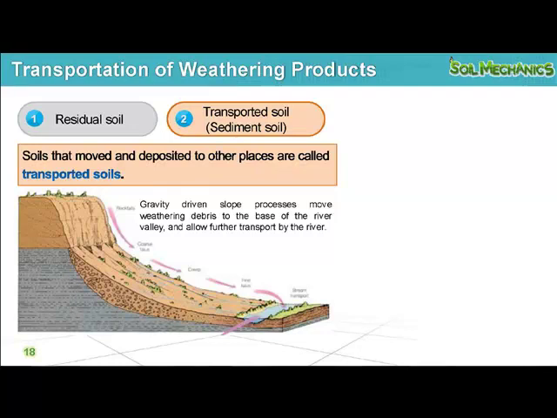For example, in the photo, the weathering product at the top of the hill, at higher topography, can move downstream by water, gravity, or wind, and accumulate or deposit at another place like along a river, stream, lake, or sea. Those are called transported soil.